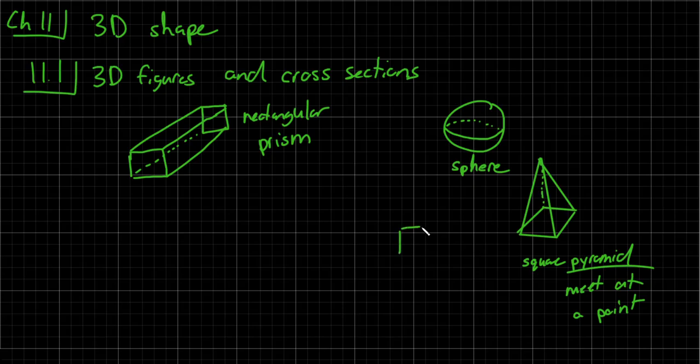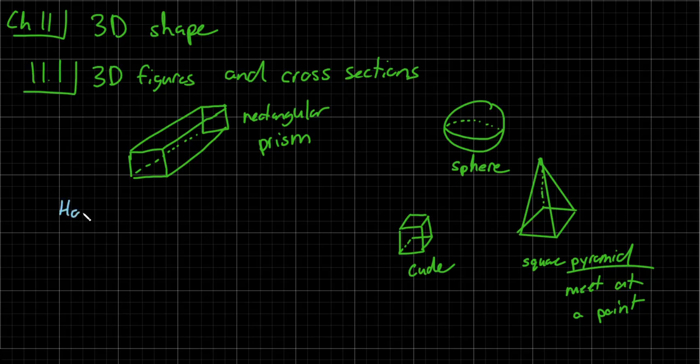Cube? Say it, Alan. Square pyramid. Square pyramid, yep. A cube. 4 sides. You got it, Liam? Yep. Okay. We're going to look at the rectangular prism for a second.